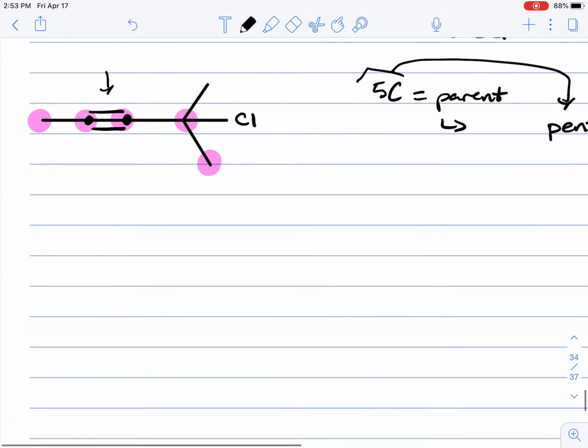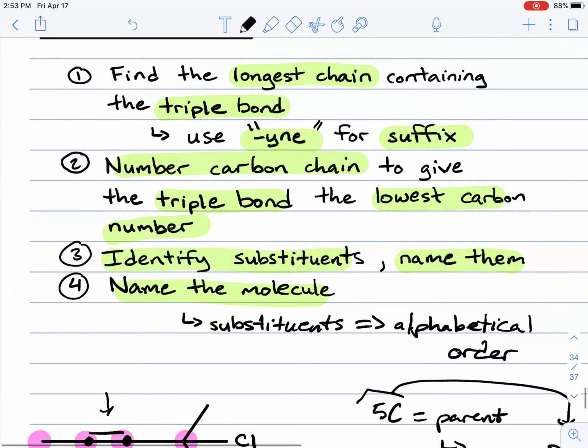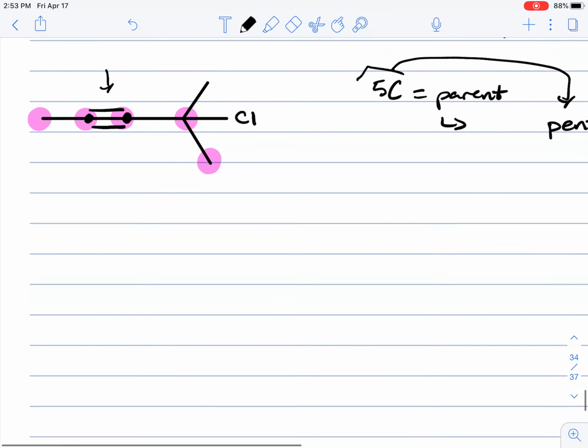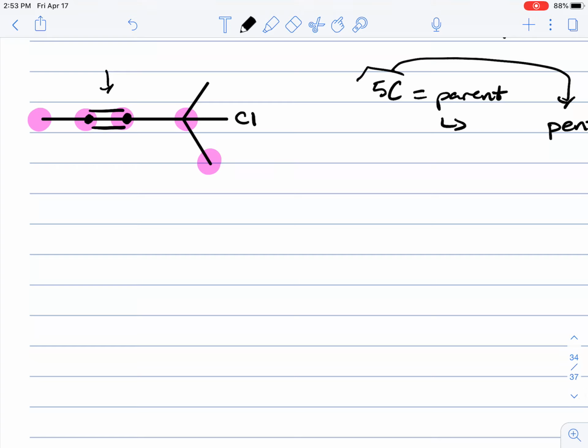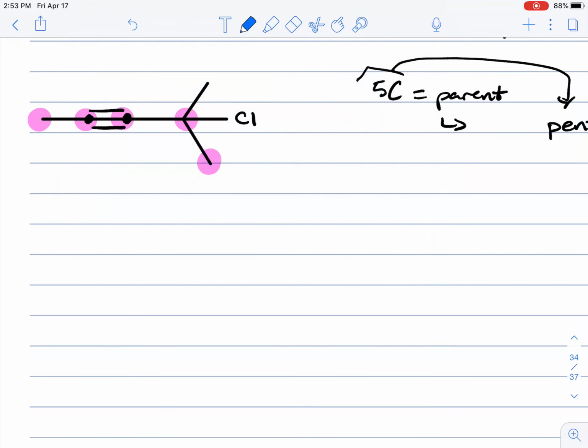And so the next item that we need to accomplish: I labeled my yne and I figured out my longest chain containing the triple bond. Next, I'm going to number my carbon chain, and I'm going to number it so that the triple bond gets the lowest carbon number. And so I'll go ahead and use blue to go from left to right. So 1, 2, 3, 4, and 5.